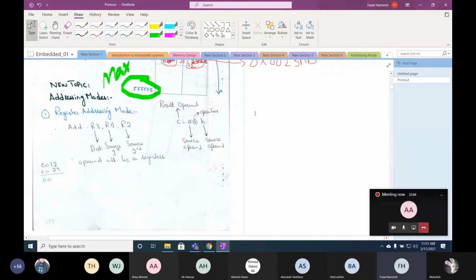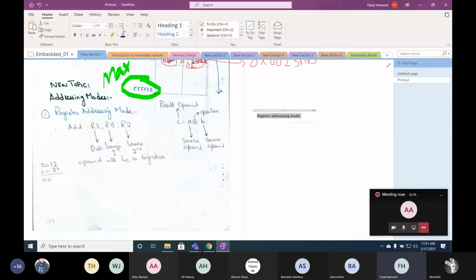So in the register addressing mode, now I'm writing it on the right hand side. Register addressing mode. So the question is: where is the operand lying?